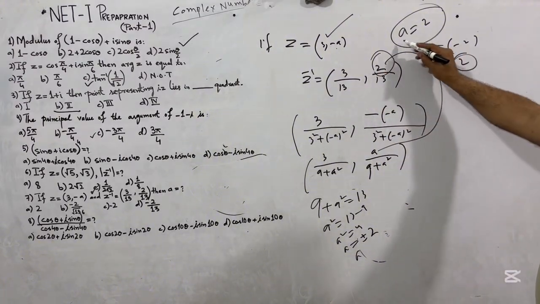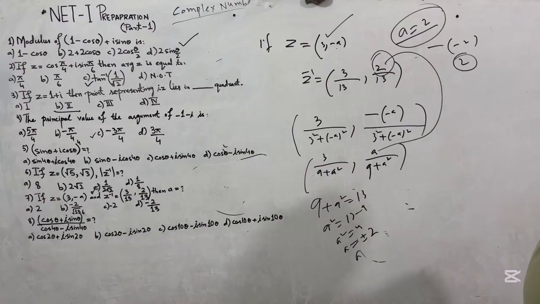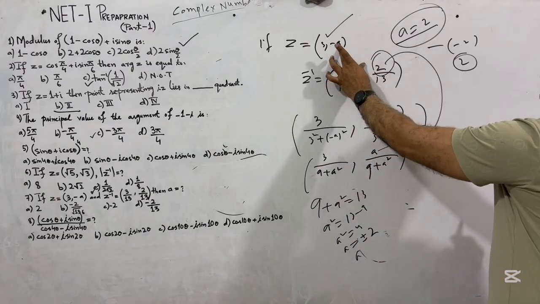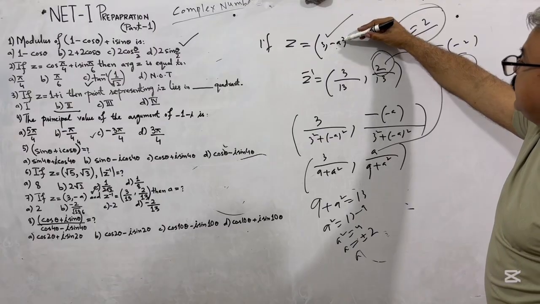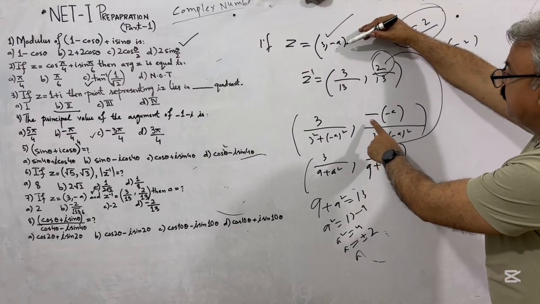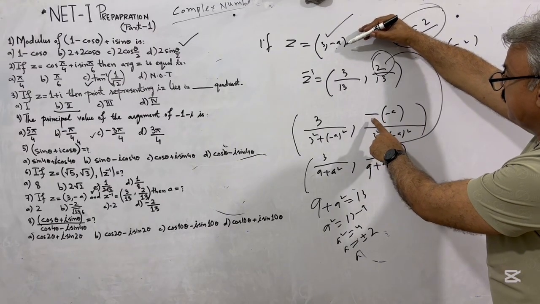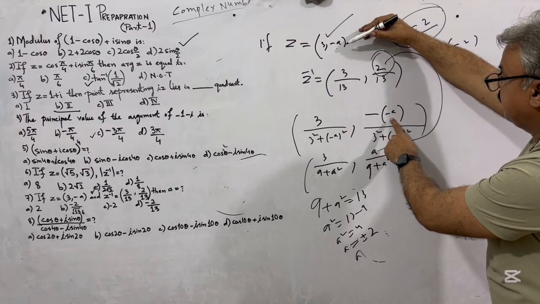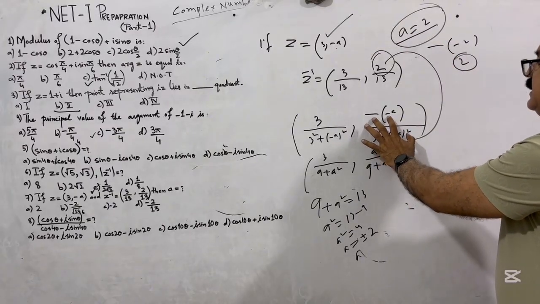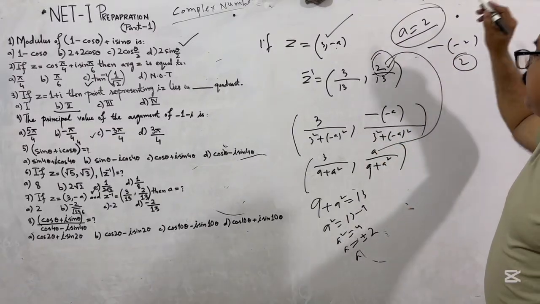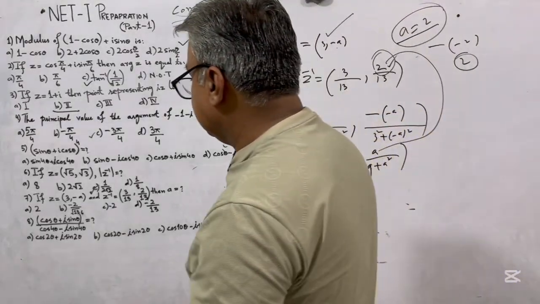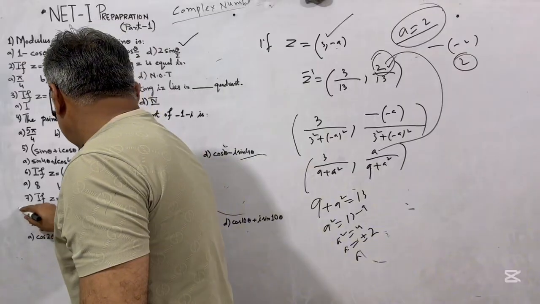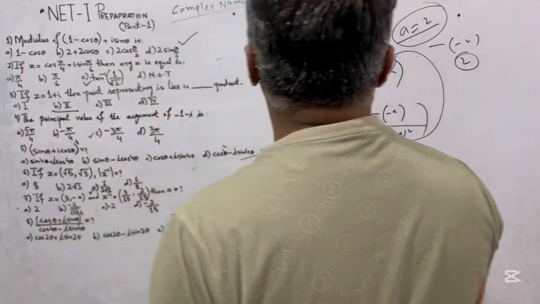Or simply compare: here we have minus a, and according to the definition of inverse, minus a over minus times minus a becomes plus a. Here comes 2. So the value of a is 2 in that case.